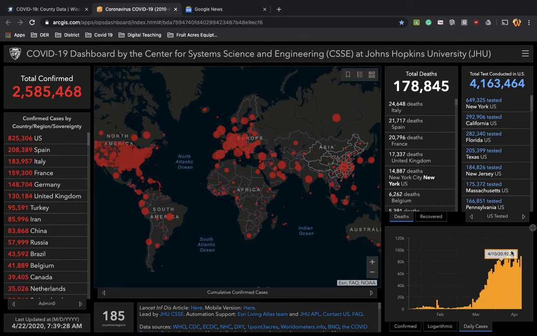But this graph, showing how many new cases per day, has become particularly interesting, right? This is the graph that we look at to see a curve, right? A curve up or a curve down. And it's that curve down, not just the leveling off, but the curve down that we are looking for.